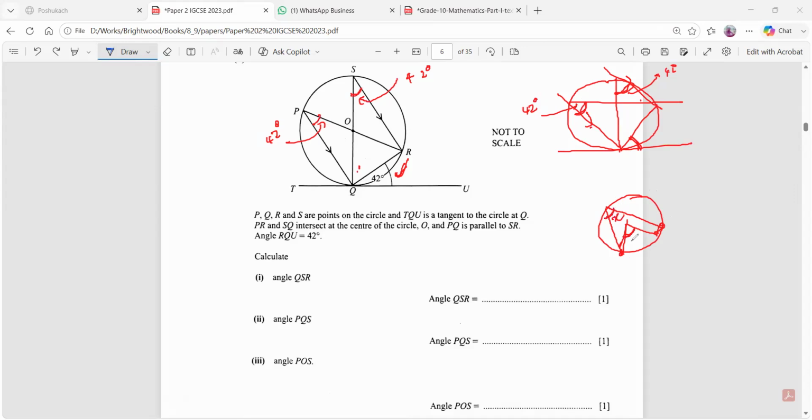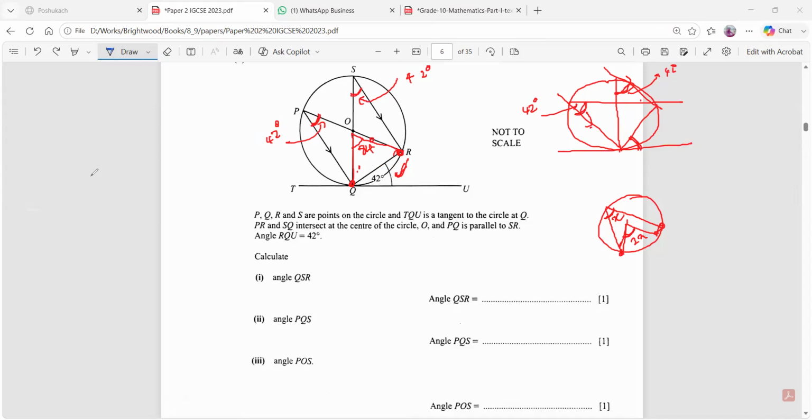If I consider this one x, this one is 2x. Same thing. Here there are 2 points. If I consider this angle, it's 42. What is the center point angle when you consider these 2 points? It is double. If this one is 42, this one should be what? This one 84. Double size. Got it?